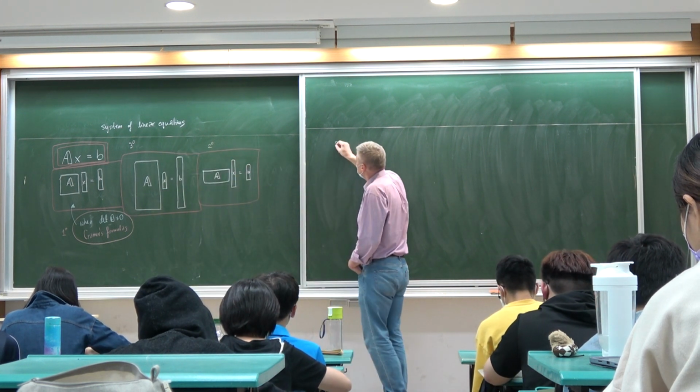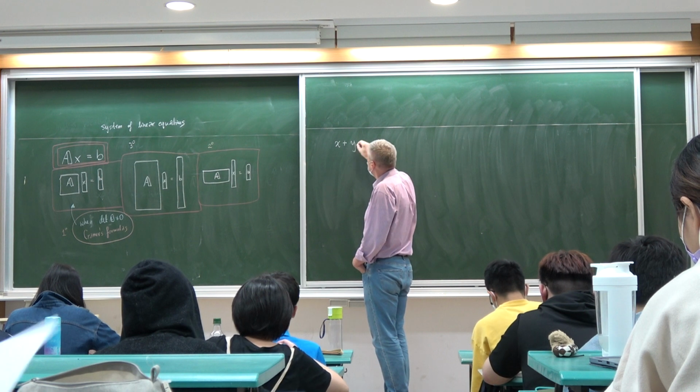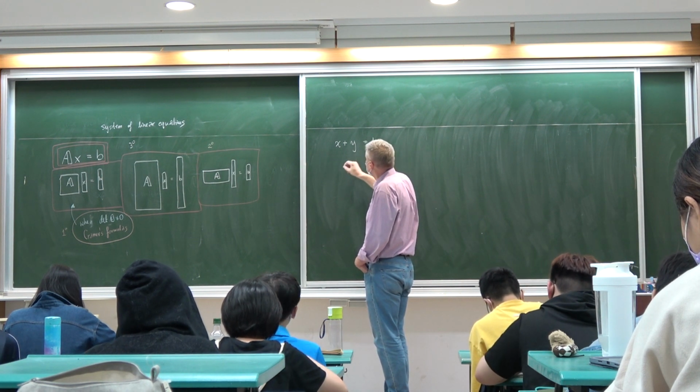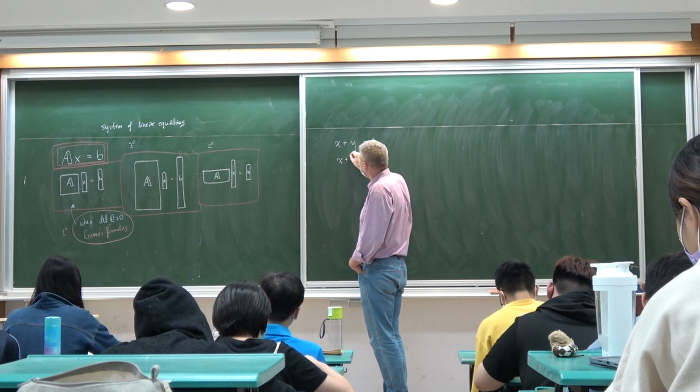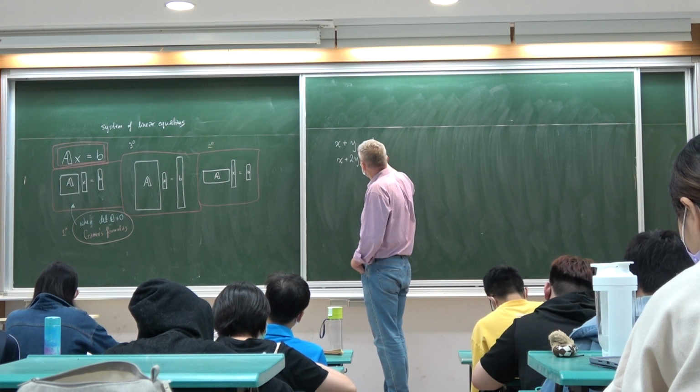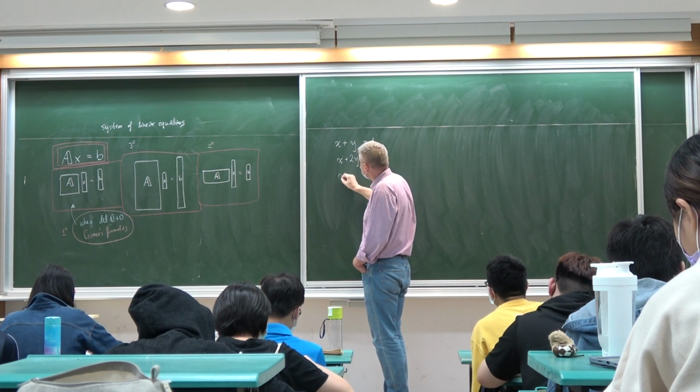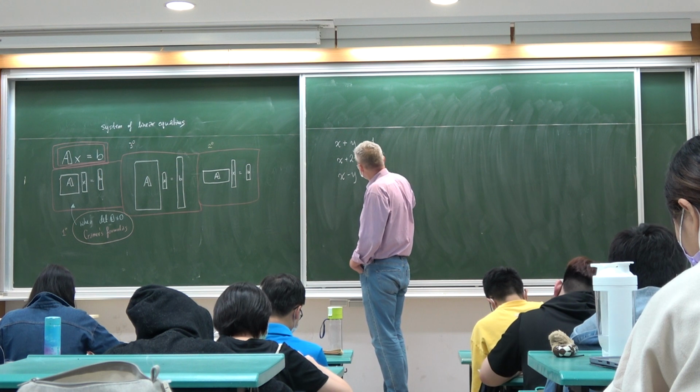Well, x plus y equals 1, x plus 2y equals 5, x minus y equals 6.